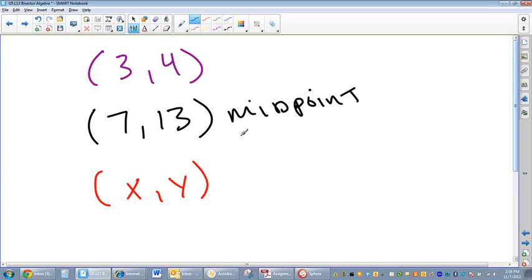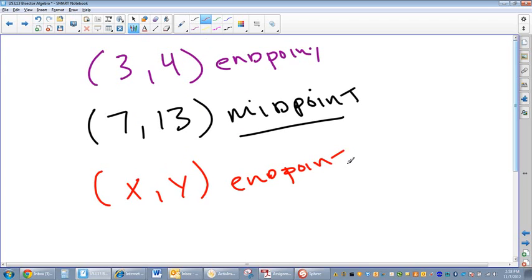This up here is an endpoint, and this down here is an endpoint. I need the ordered pair. I need the values for x and y for my endpoint. How are we going to get there?